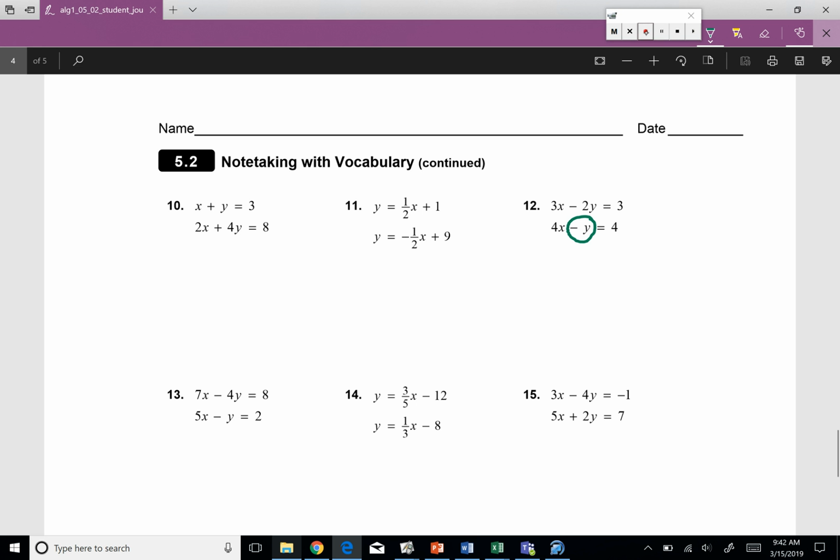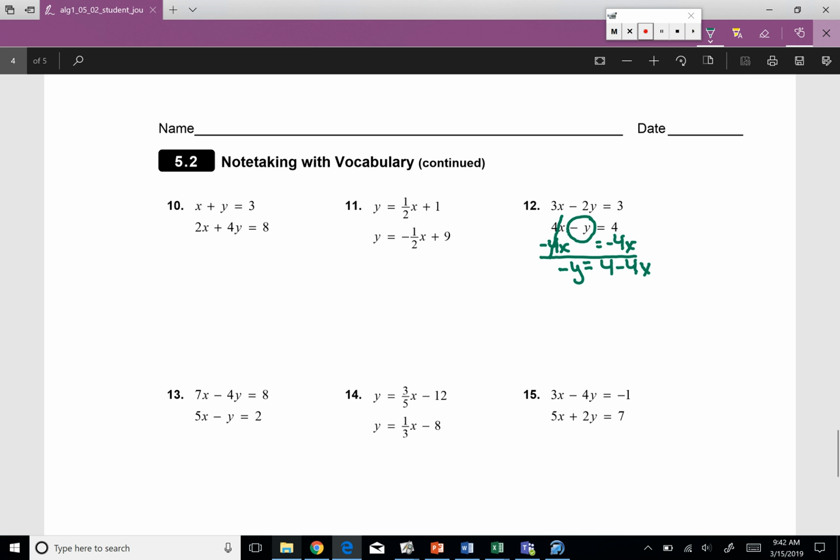So in order to get that y by itself, we need to move 4x to the other side. In order to do that, it's a positive 4x, so we need to do the opposite, which would be minus 4x. Positive 4 and negative 4, they simplify. Now I have to be careful, I am left with a negative y, and then 4 minus 4x.